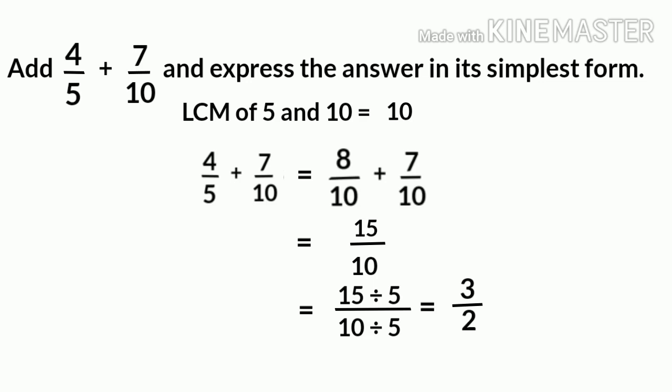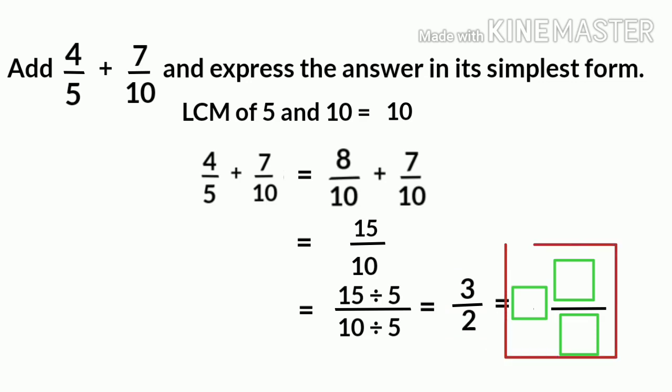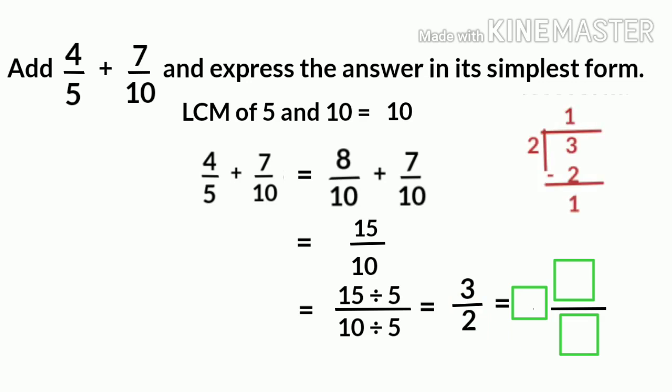So in case if the numerator is greater than the denominator, we convert the fraction into a mixed number. A mixed number consists of a whole number and a fraction with a numerator and denominator. So in order to change this fraction into a mixed number, we have to divide 3 by 2. And after dividing 3 by 2, we get 1 as the quotient and 1 as the remainder.